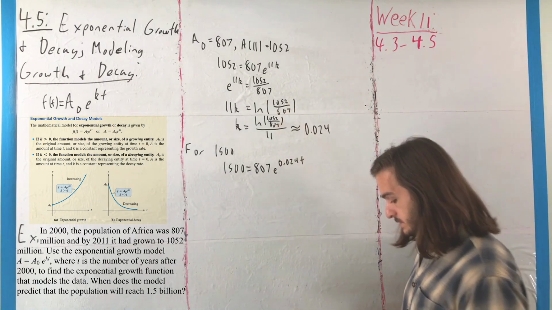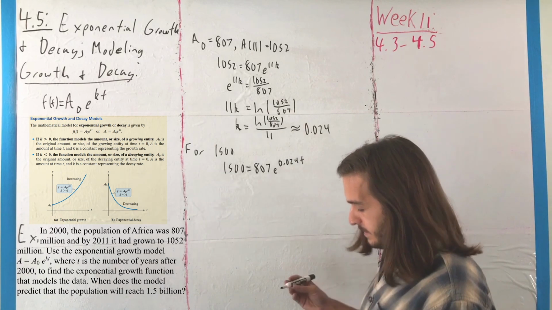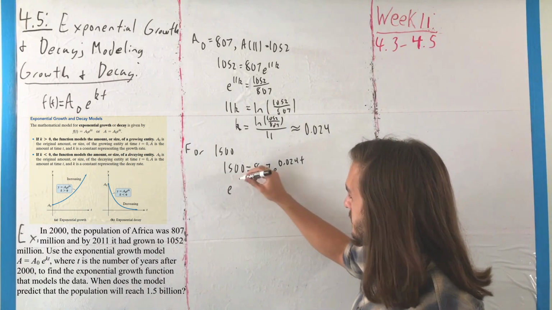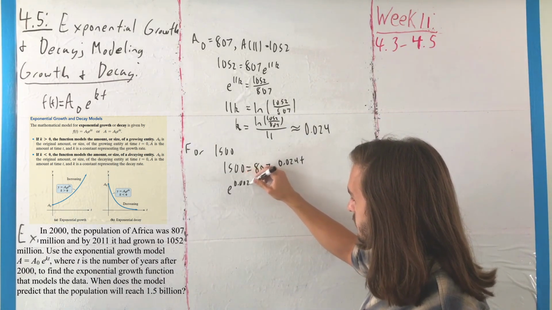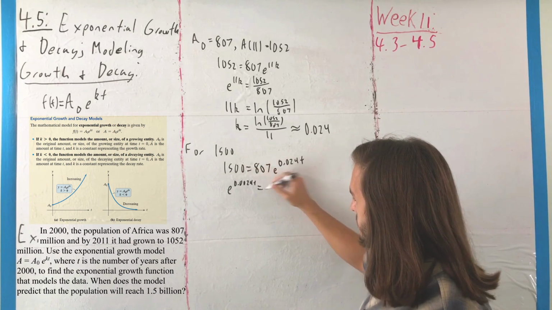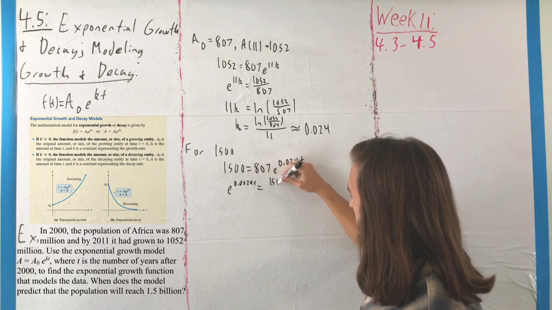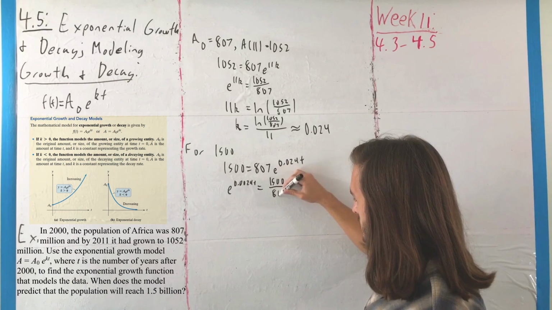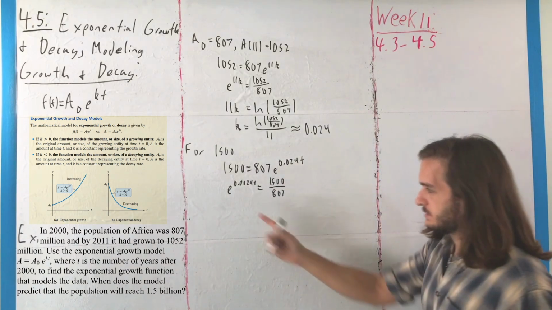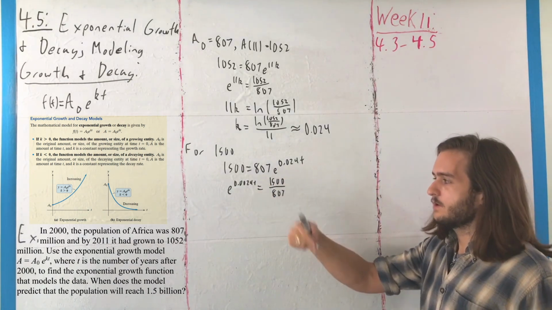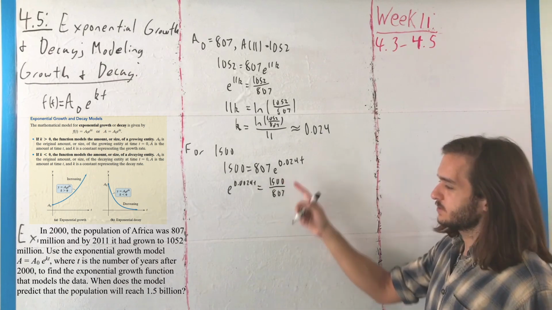We're going to divide over those terms. We're going to end up with something like e to the 0.024t is equal to 1500 over 807, which means we take the natural logarithm, and we get 0.024t equals the natural log of that thing.